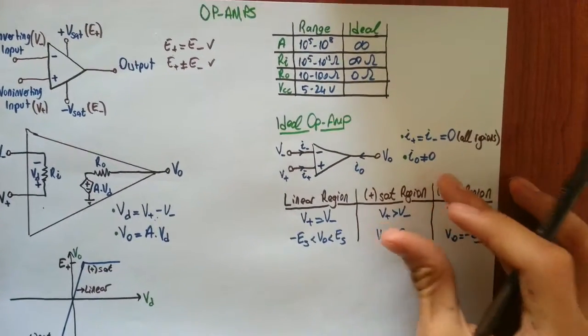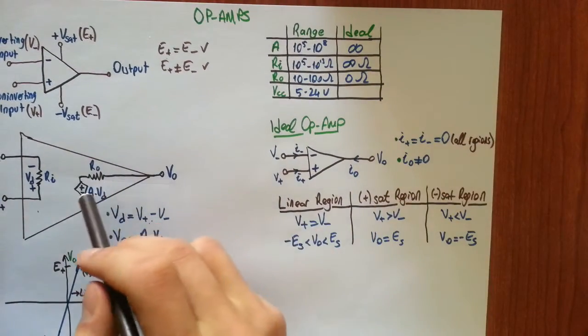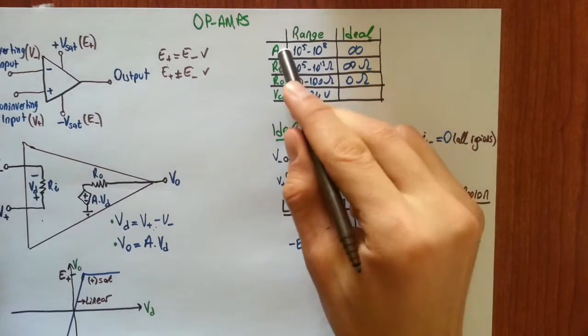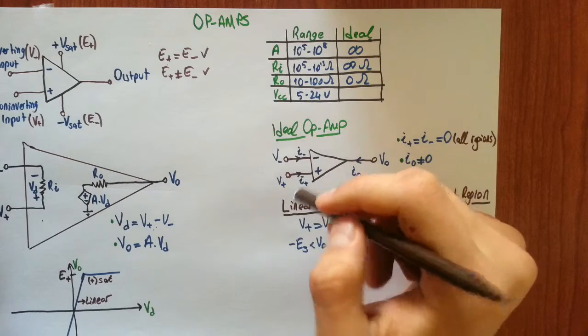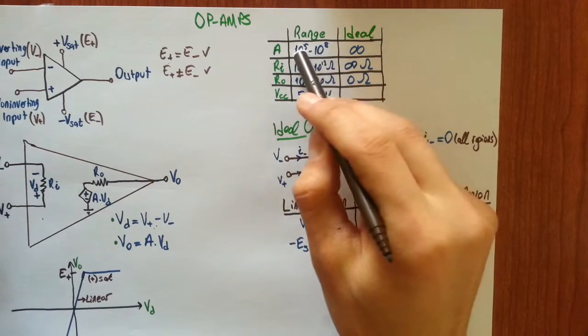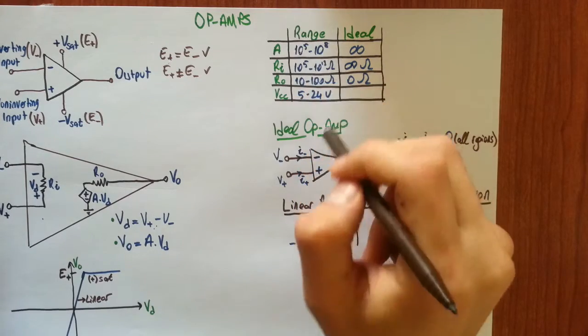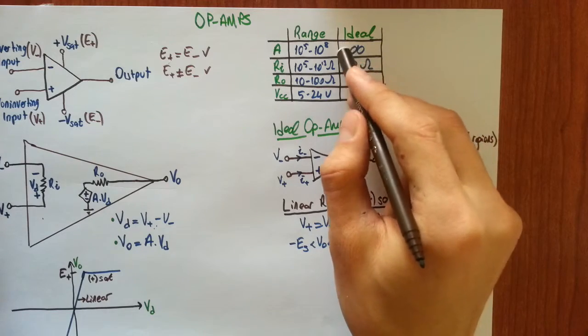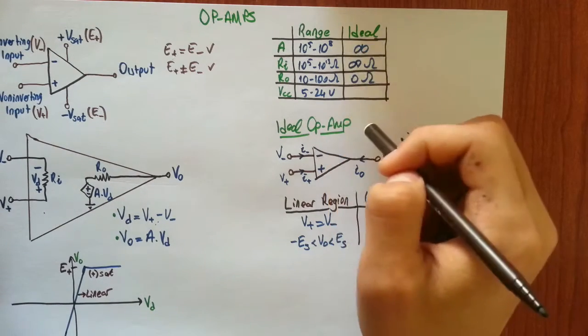Now let's talk about the values of these A, VD, R0, Ri. A is called open loop gain, and that value is, most of the time in real life, between 10 to the 5th and 10 to the 8th. But in ideal questions, we are assuming that A is equal to infinity.